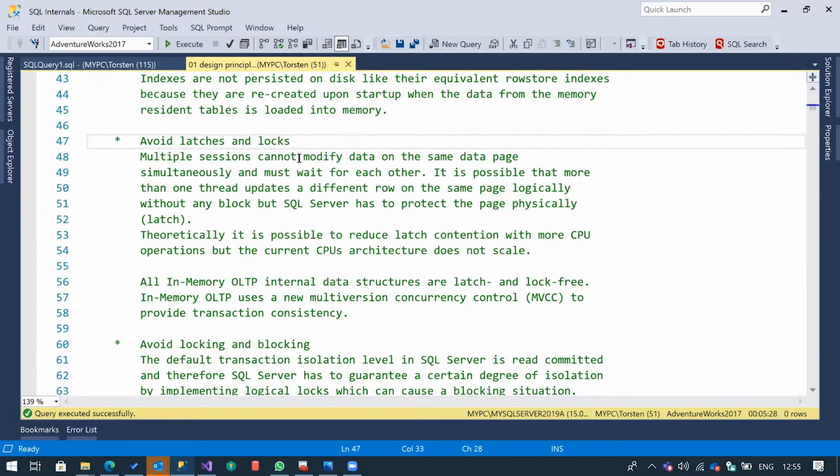This is very typical last-insert page contention, which you always have when you insert into a clustered table or a non-clustered index based on an ever-increasing key, like a primary key identity 1,1.